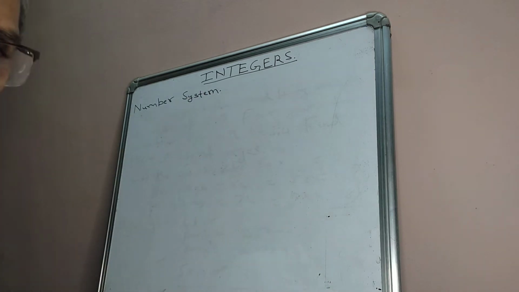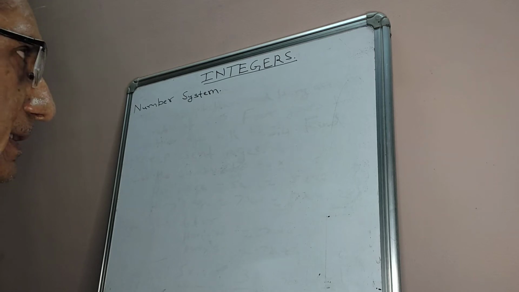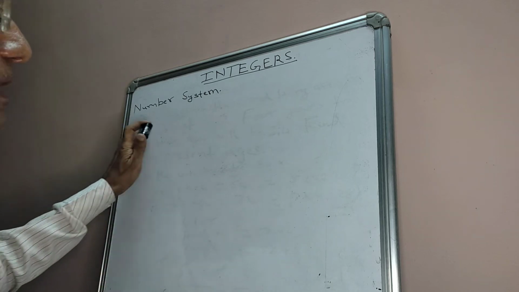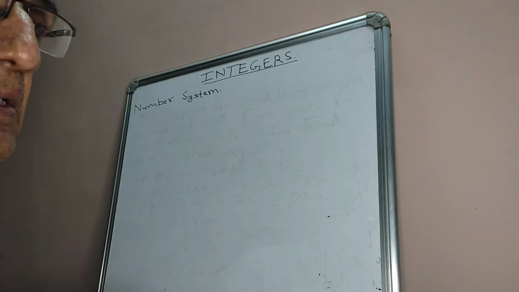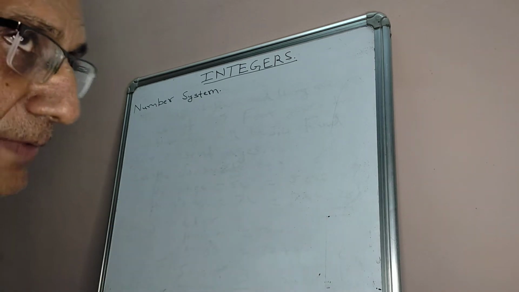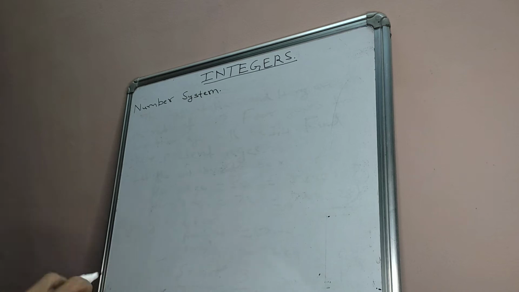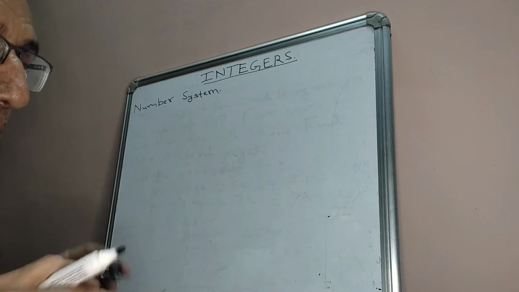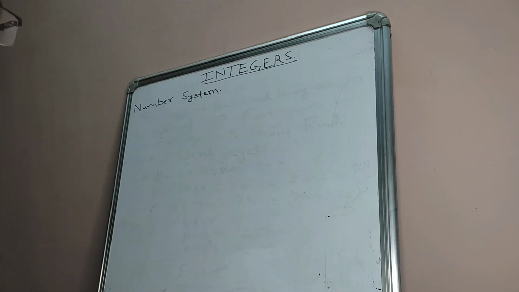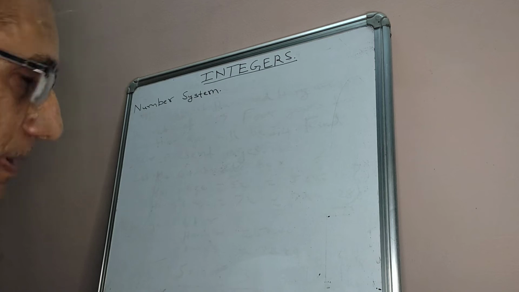You must have noticed that there are various kinds of numbers which have been given different names. To start with, we normally begin with the counting numbers. When you want to count something, you start with the number 1. You start with 1, 2, 3, 4, and so on.